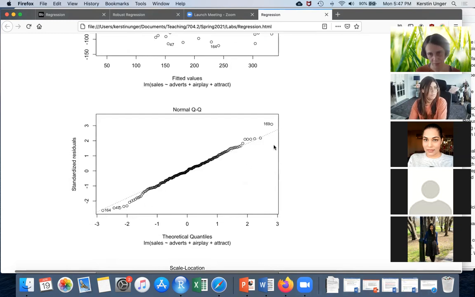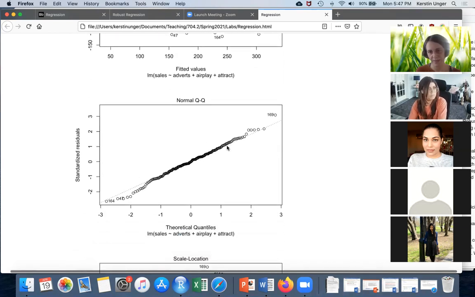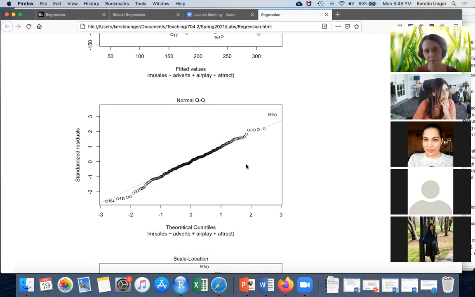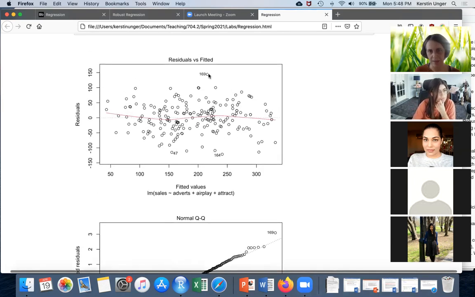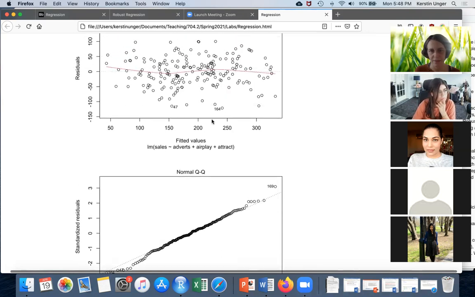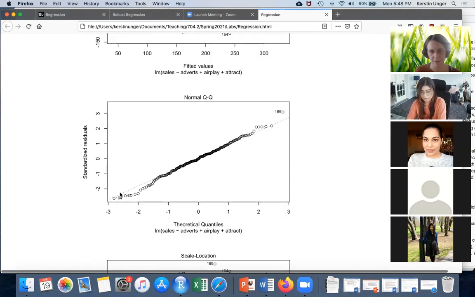Same as for the normality assumption, that the residuals are normally distributed. We see a little bit of deviation here. So this is an outlier, out of 169, something that we already see here: the residual is just very large. Whereas for 164 it's very small, and 47 is also very small.